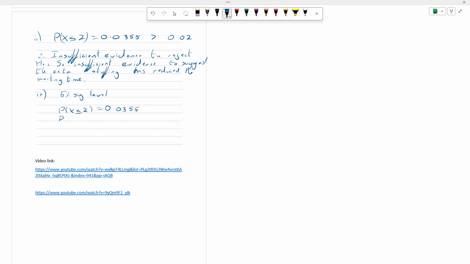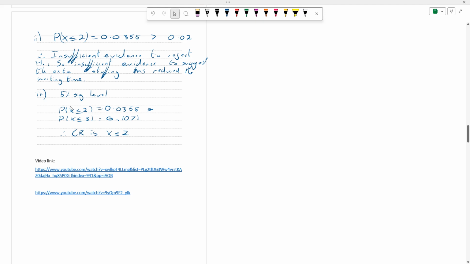So that one works. Now, if I go up one and do less than or equal to 3, that comes out as 0.1071, which is bigger than 5%. So that means this here has to be my critical region. Therefore, the critical region is x being less than or equal to 2. 3 wouldn't make me reject H0, 2 would.